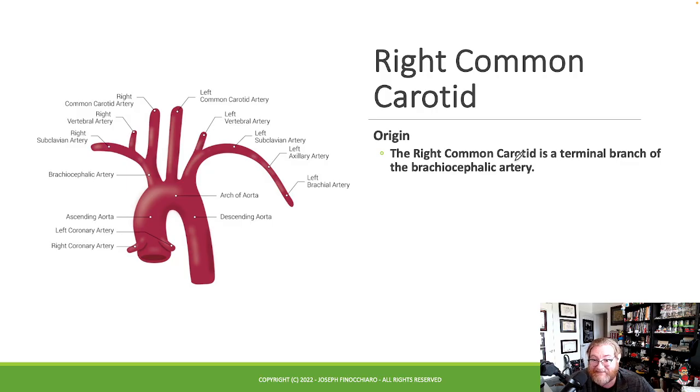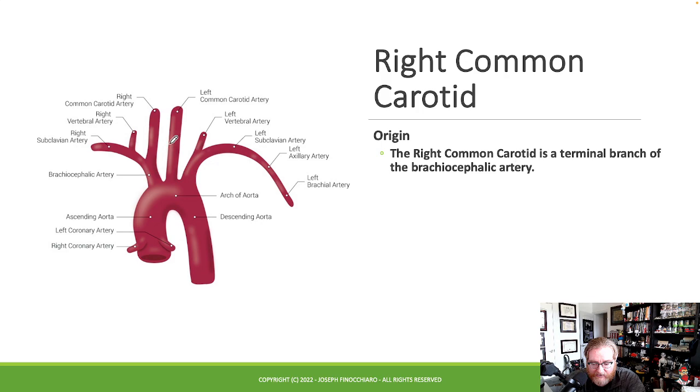So where does it come from? Well, it is a terminal branch of the brachiocephalic artery. Now, this is where the right and left carotids differ. Everything until now is the same side, same descriptions.